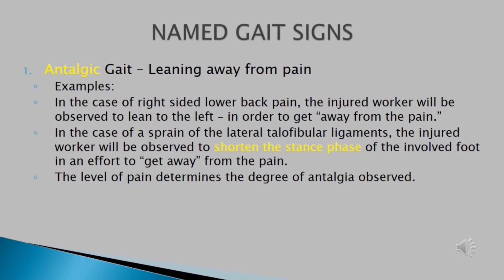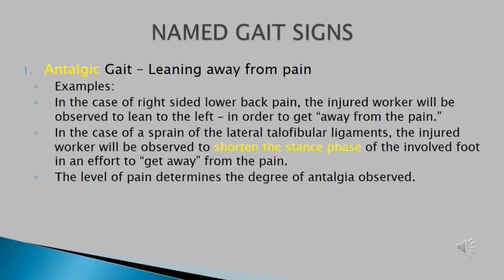These are all examples of antalgia. And this person might think you're a genius if you were to come up to them and try to identify their problem, because in most cases you can correctly identify the problem by seeing where they're leaning. They're leaning away from the pain. The pain is on the opposite side. Okay?